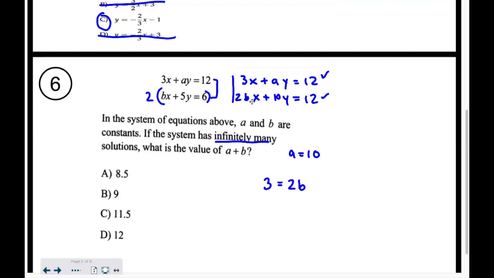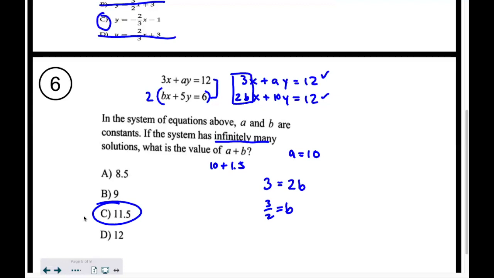Right? These two would have to be exactly the same. And then if I just divide by 2, I get 3 over 2 equals b. You can just use a calculator if you want, or if you just know 3 over 2 is 1.5. We're doing a plus b, which is 10 plus 1.5. And again, I would probably not have written this on the actual test. And then you would just add them together to get 11.5.